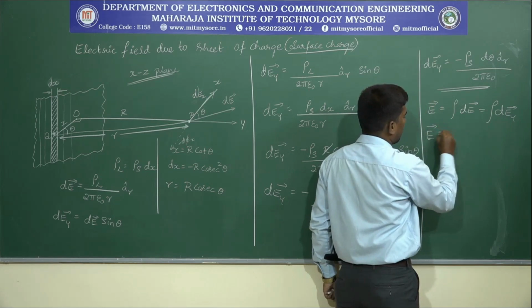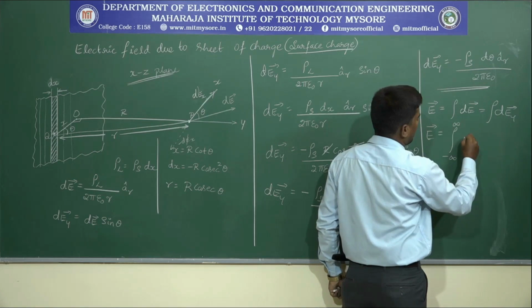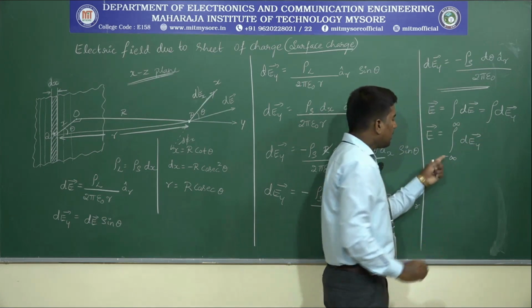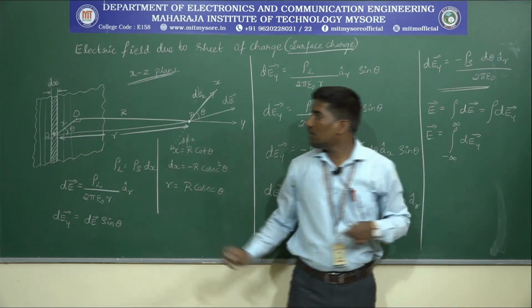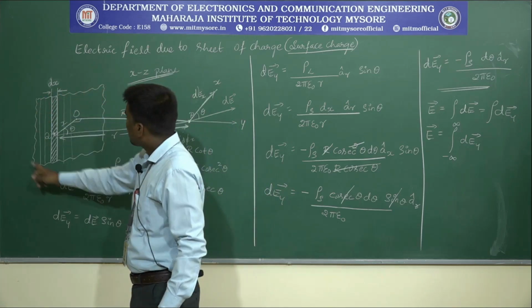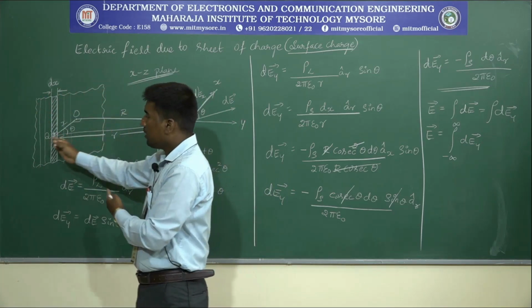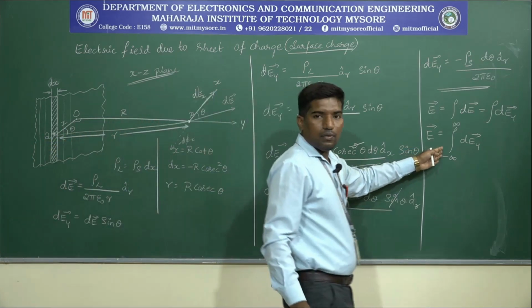E is equal to integration from minus infinity to plus infinity of the dEy component. Why are the integration limits minus infinity to plus infinity? Because we have considered a surface charge of infinite area, infinite length, so we need to integrate from minus infinity to plus infinity.